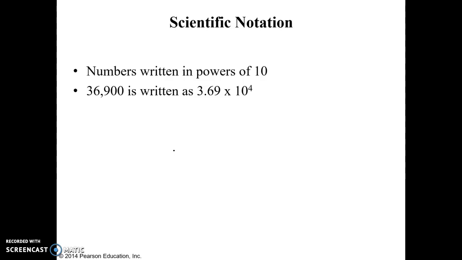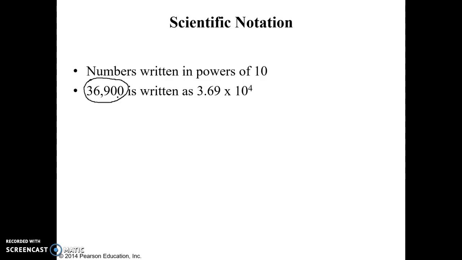So we run into an interesting problem when we have a number, let's say just for example, 36,900, and we want it to have 5 significant figures. We want all of these numbers to be significant. It just so happened that we measured something and it came out to be exactly 36,900.